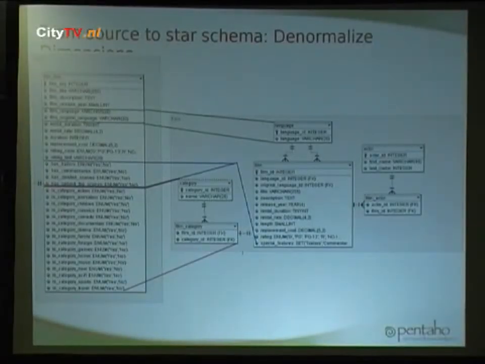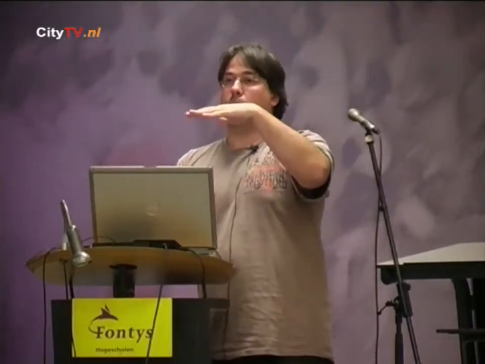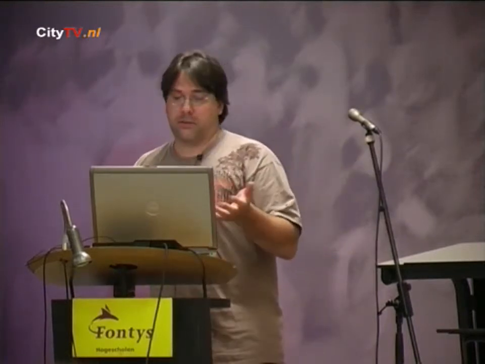And we need to get rid of that, because if we would have multiple films for every category, we would be counting films more than one time in our fact table. So we have to take these multiple categories and flatten them out and turn them around, and they become columns in our dimension table. So we pivot the multiple categories into columns. And we do the same thing for the special features.